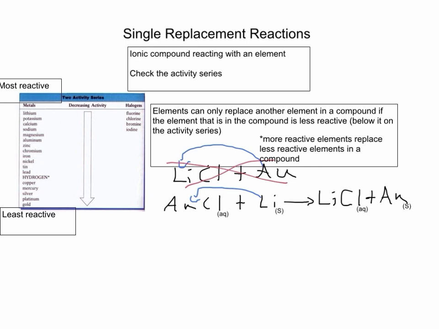We'll talk more about how we determine whether something is aqueous or not when we do double displacement reactions, but just know that most single replacement reactions occur when we have a soluble ionic compound, so it's aqueous, dissolved in water, and the metal that we start with is solid, and when we push the other metal out, that metal then becomes the solid. So the big important thing here is that the metal is always going to be solid when it's not in the compound.